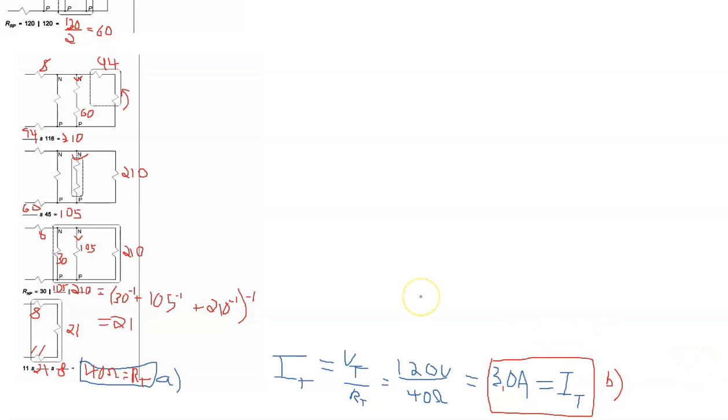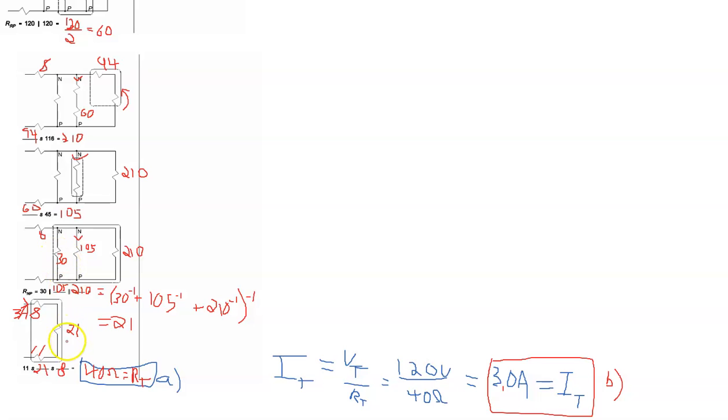Okay, so the idea now is that in our redrawn circuits, Mr. Chalk hasn't shown the source over here, but we have 3 amps going through that circuit. And so we can calculate the voltage drop across the 8 ohm resistor, the 11 ohm resistor, and the 21 ohm resistance.